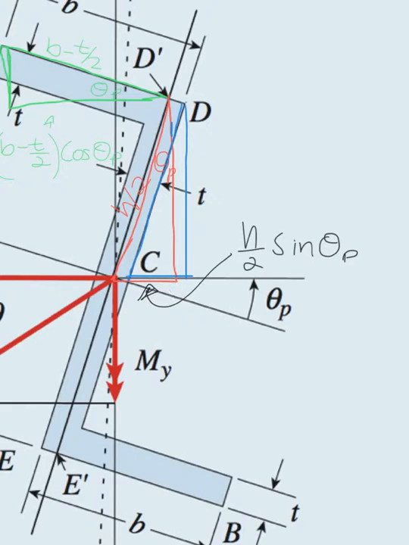It's going to be h over 2 the cos of theta p.